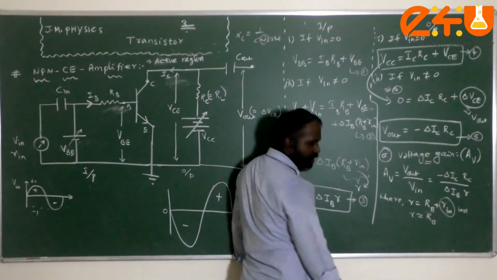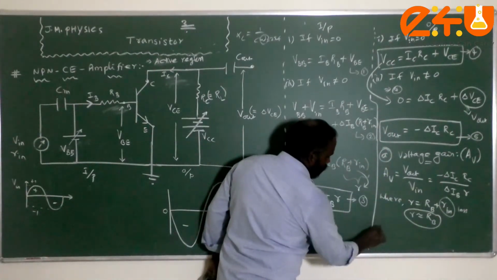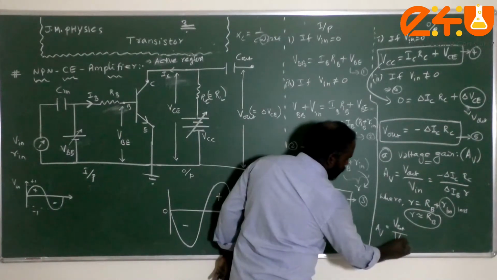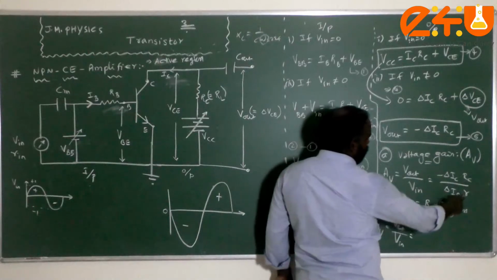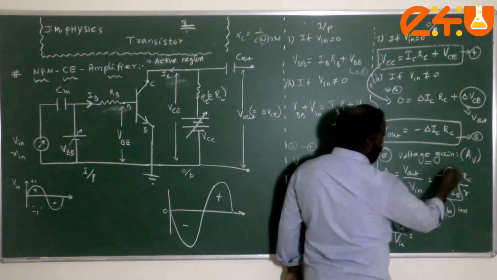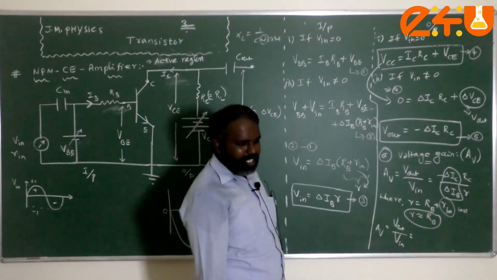By using this condition, we can write AV is equal to delta V out by delta V in, where small r is replaced by RB, and moreover we know that delta IC by delta IB is nothing but beta AC.